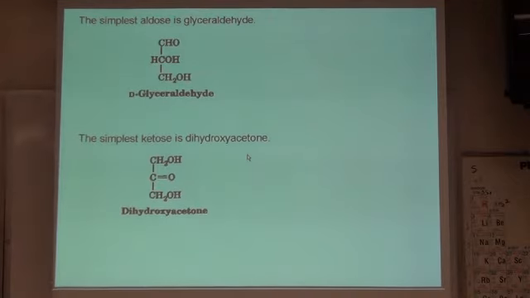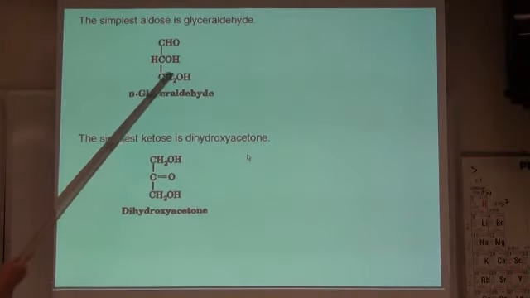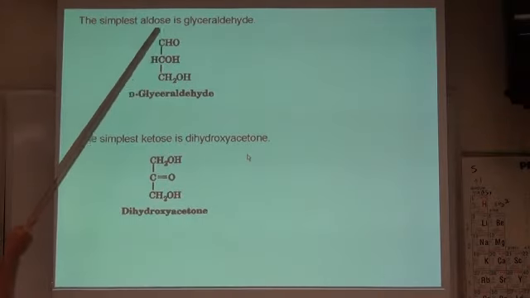But one of the carbons will have a carbonyl group. Remember our carbonyl group, C double bond O? And that's going to depend whether it's an aldehyde or a ketone. This is an aldose, polyhydroxy aldehyde. Each carbon's got an OH, and one carbon has a C double bond O to it. In this case, it's an aldehyde.